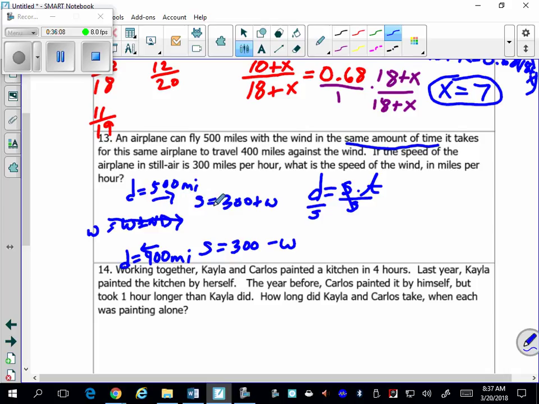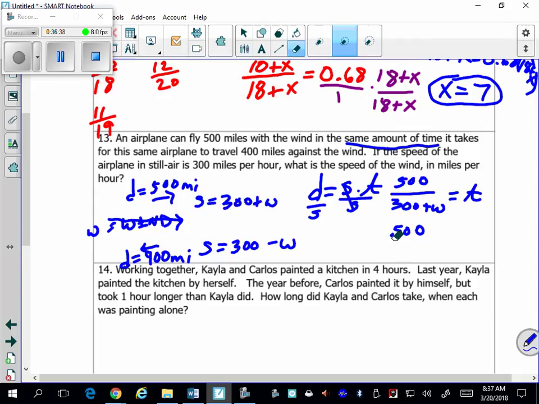So let's set up the numerator: 500 over 300 plus W, and that's the time to go with the wind, and, not 500, this will be 400 miles over 300 minus W. It's interesting, it changes color in the middle, and that equals the time.